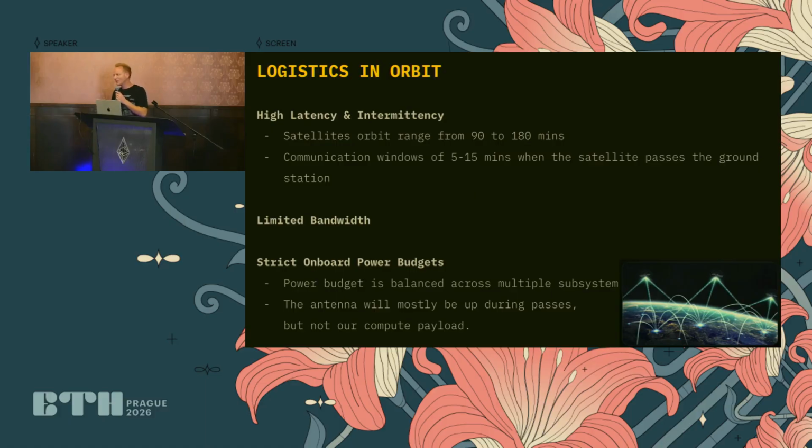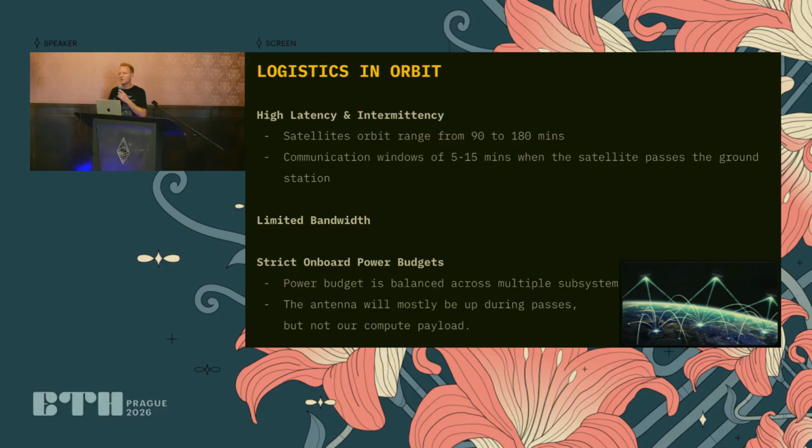And we have a strict power budget on the satellite. On the satellite you have multiple subsystems, not just us. We are just being hosted on some satellite, but there are other systems there, and the power is very limited. I know with all the AI boom they talk about energy from the sun, but as of today it's not there yet, and it's too expensive to run things there.